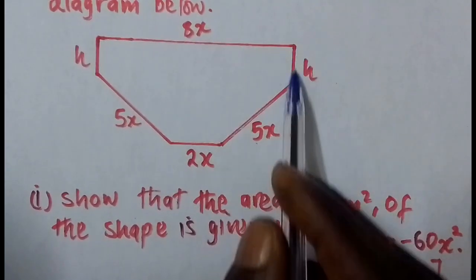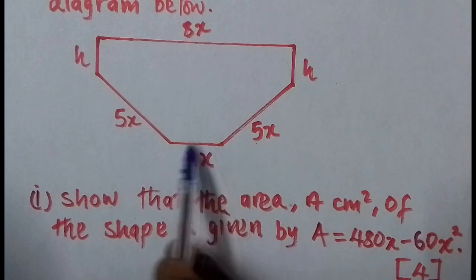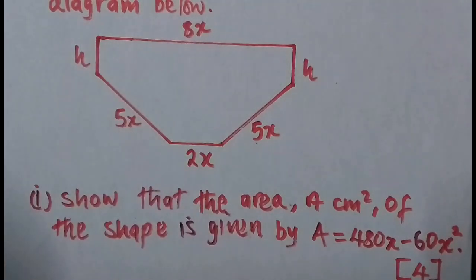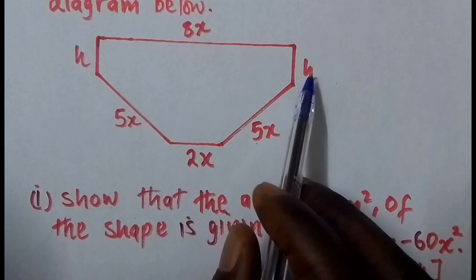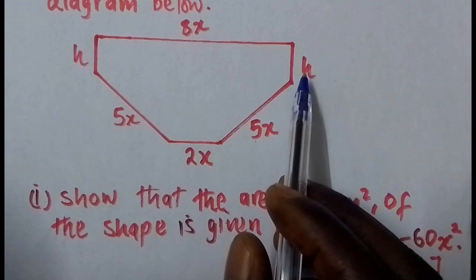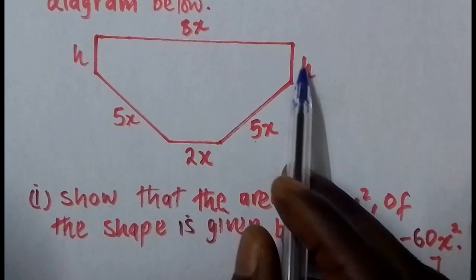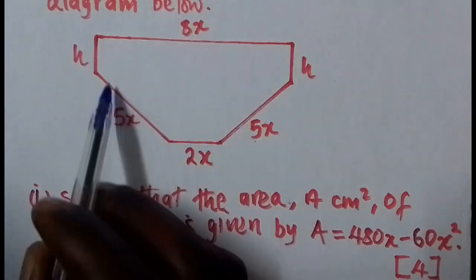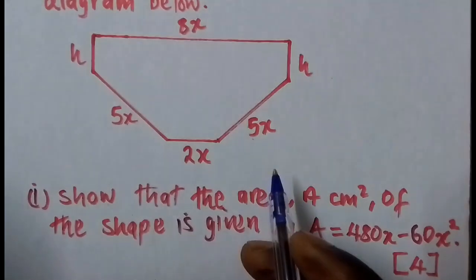Then this is h. Here we've got 5x, 2x, 5x, and this is h. So I'm going to form an equation that will be in terms of h, because here h is the only different letter given. All these other terms have been given in terms of x.